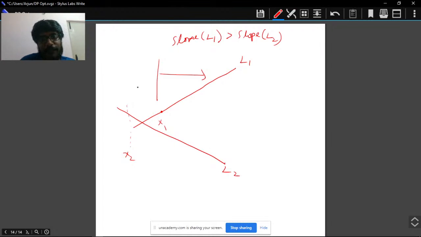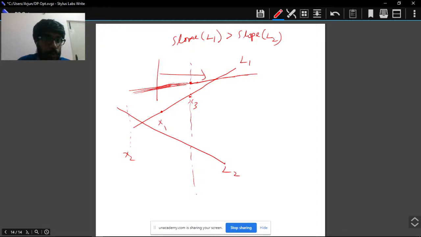Because suppose at this x3, L2 evaluates more than L1. That means L2 is above L1 here, and L2's slope is smaller than L1's, so it's going to be something like this, in which case even at x1, L2 would be larger.